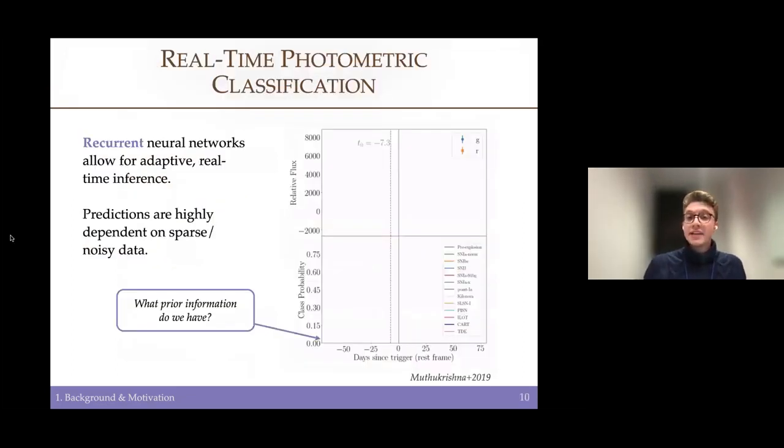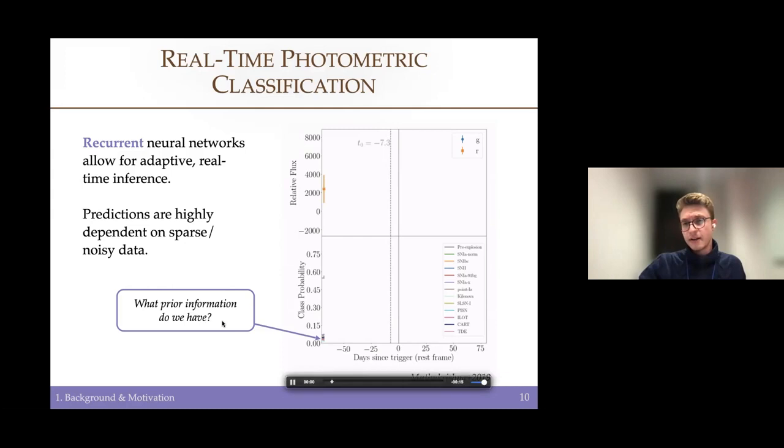And in the way of real-time photometric classification, one of the really pioneering papers was this paper on RAPID by Daniel Muthukrishna in 2019. And RAPID worked using a recurrent neural network that allowed for adaptive real-time inference. Essentially, every time you get a new data point in, the predictions of whether you were looking at a given supernova class would update.